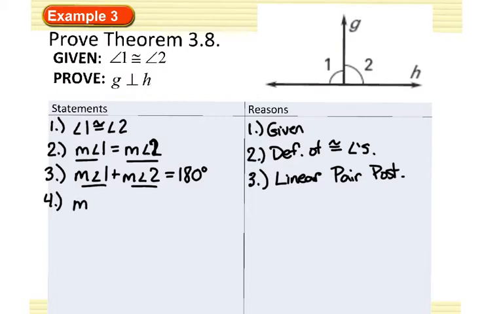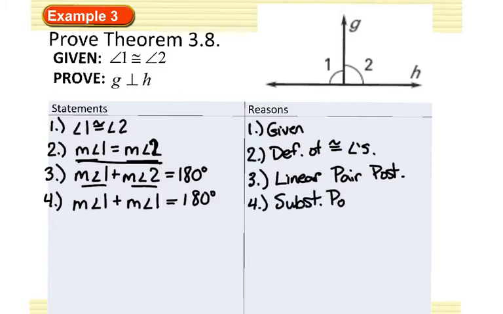So I'm going to substitute 1 for 2, because we know they are equal to each other. So in step 4, I substituted. Oops, that's a property.